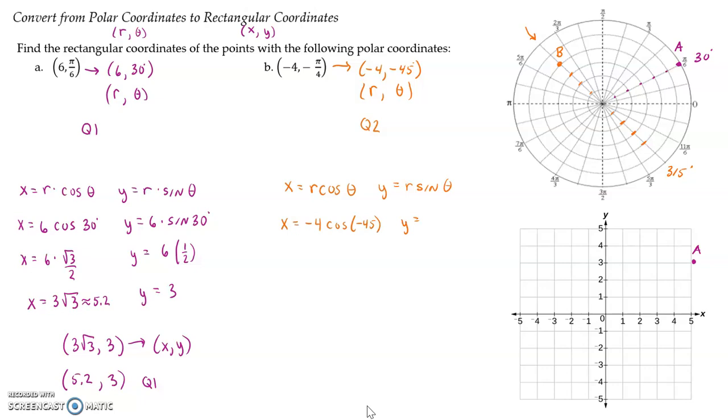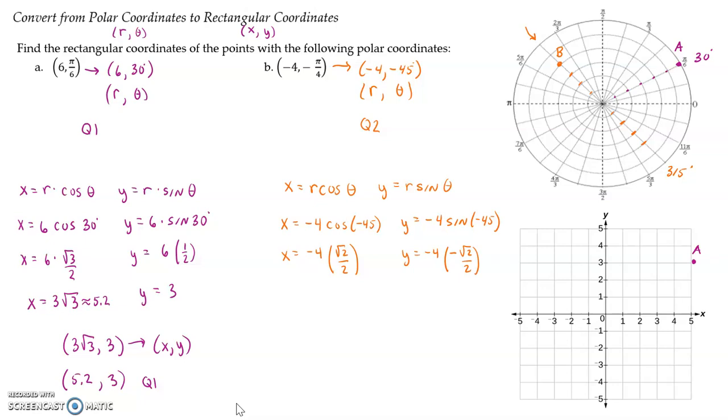And for the y value, we've got negative 4 times sine of negative 45 degrees. Cosine of negative 45 degrees is going to give us radical 2 over 2. And sine of negative 45 degrees is going to give us a negative radical 2 over 2.